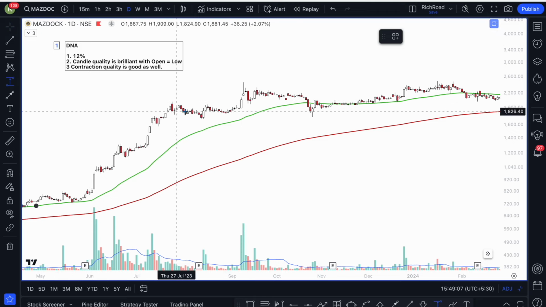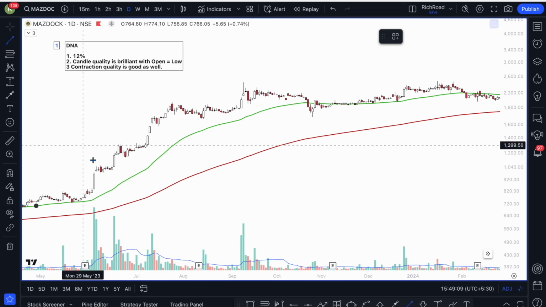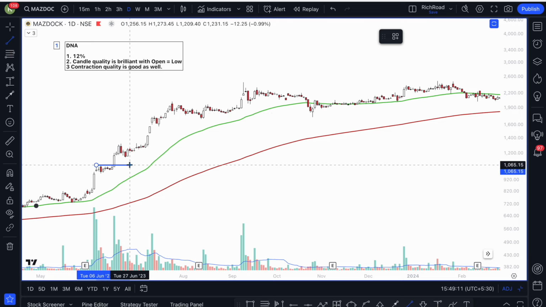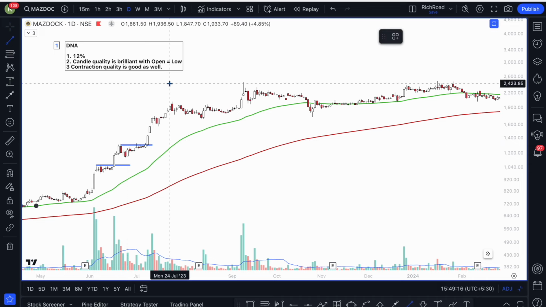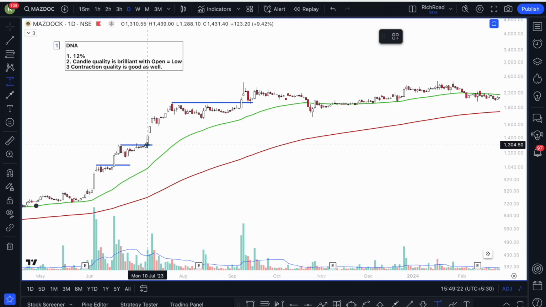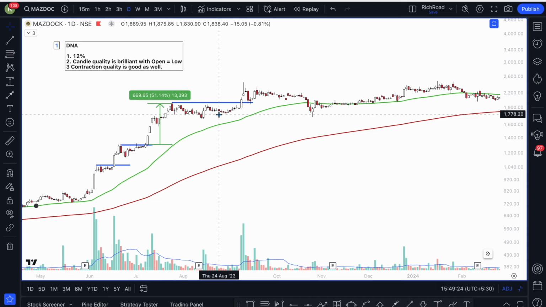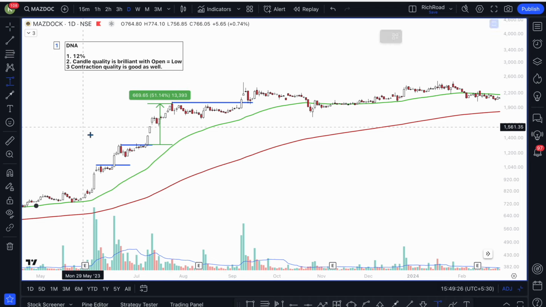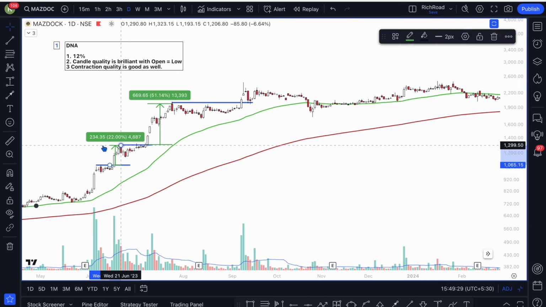Now, you will see what was happening. You came, you made a base. So first contraction you had here, then you had a second contraction, and now you are in the third base or the third contraction. Fine, no worries. This was around above 50%, so you contracted a lot for that. Over here, how much did you contract? 22%.